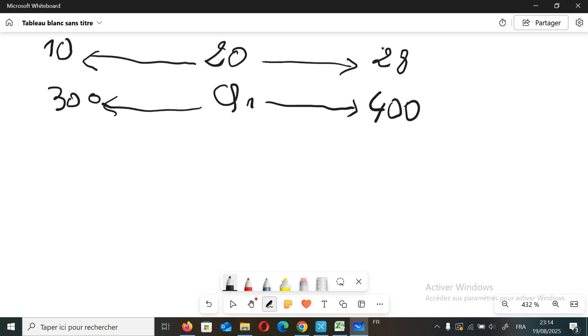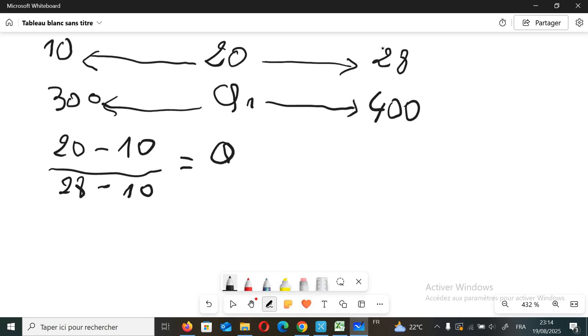If you check the last video about the median: 20 minus 10, divided by 28 minus 10, equals Q1 minus 300k, the value of investments, divided by 400 minus 300.